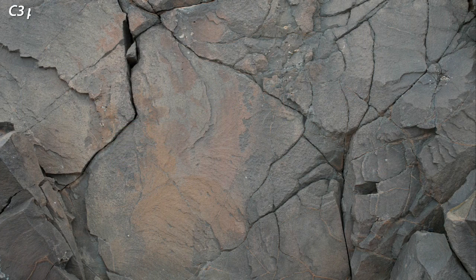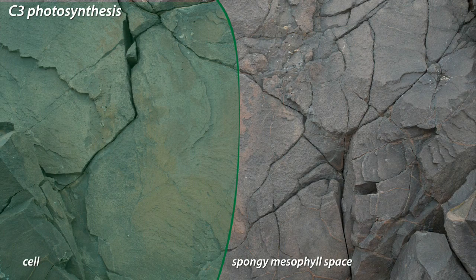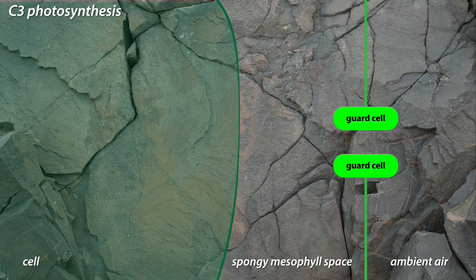Let's turn now to normal, or C3 photosynthesis. Here's the cell contained within the open air spaces of the spongy mesophyll, which opens to the outside air through a stomatum, bordered by two guard cells. The dark reaction of C3 photosynthesis takes place within the cell and revolves around a molecule, ribulose bisphosphate carboxylase, or Rubisco for short.